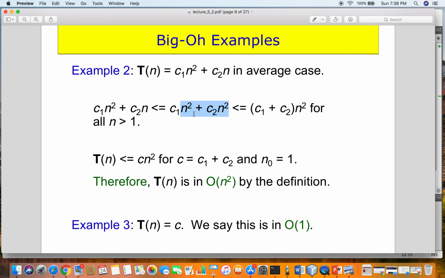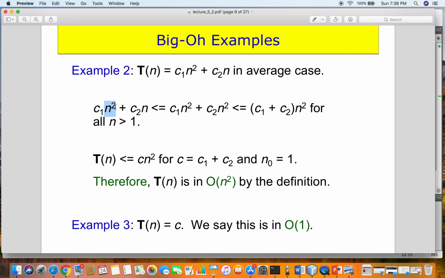You might think we can write n cubed as well, and so on, higher grades. Yes, we can, but we take the one in the closest class of the highest grade, so that is n squared. Big O notation is the upper bound.